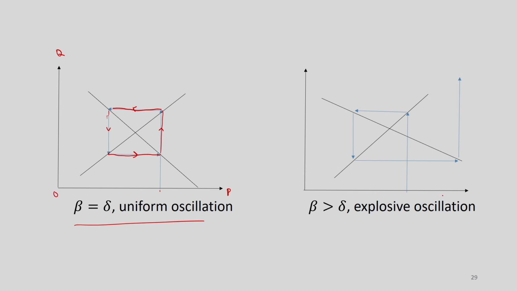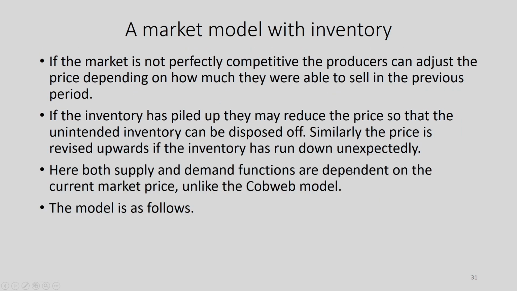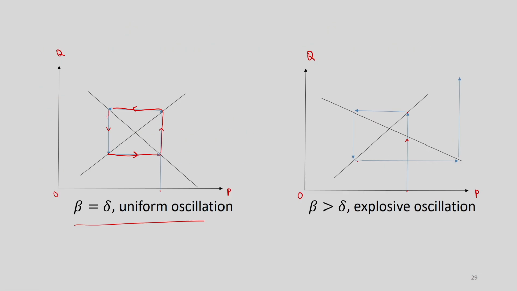And here on the right-hand side of the panel you have the case of explosive oscillation. I am not going to explain it in detail, but you can see how it is happening. You take any arbitrary price, this is the supply. So, the market has to clear. So, this must be the price in the next period, but this is the price in the next period.